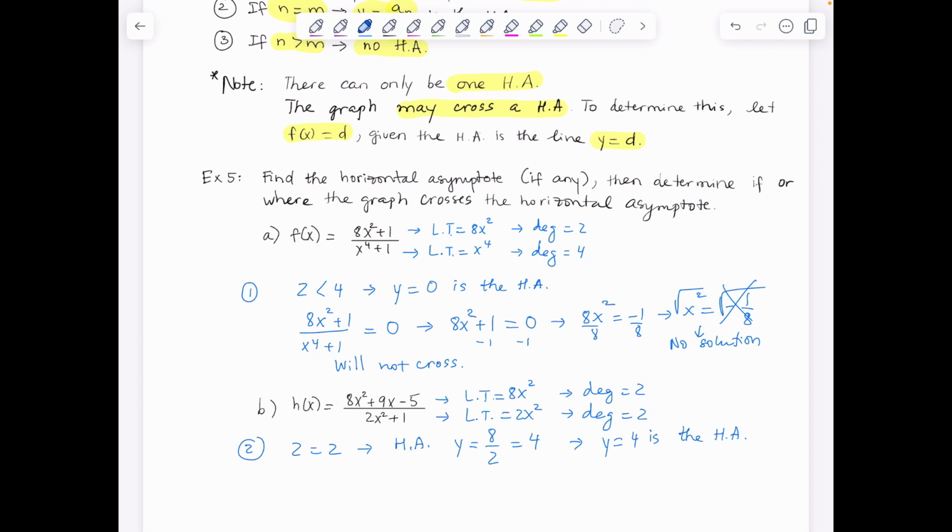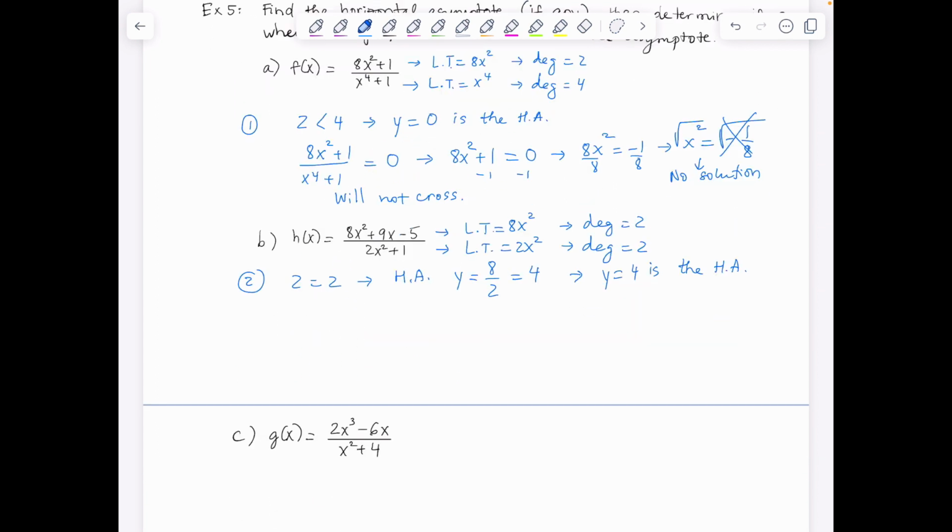Now we are going to see if the graph is going to cross this horizontal asymptote. To do that, we are going to let the function 8x squared plus 9x minus 5 over 2x squared plus 1 equal 4. I'm going to put 4 as 4 over 1, and then I'm going to do cross multiplication. So this will give us 8x squared plus 9x minus 5, and that is equal to, cross multiply here, we get 4 times 2x squared plus 1.